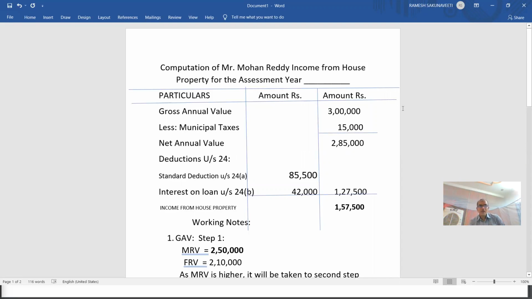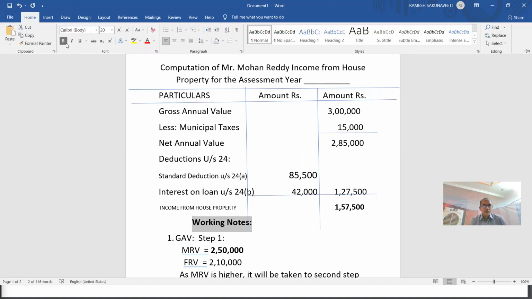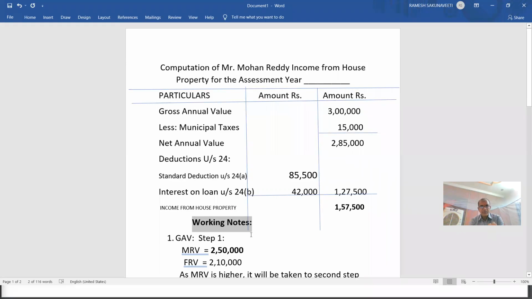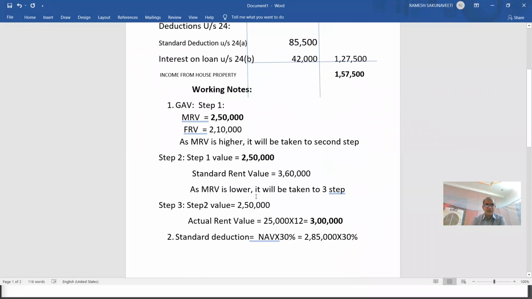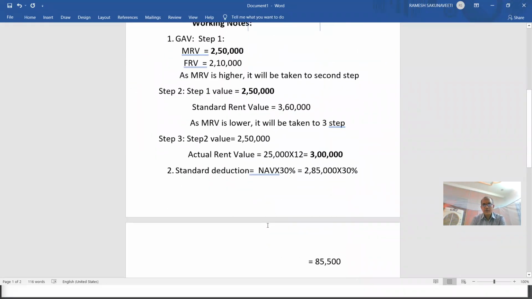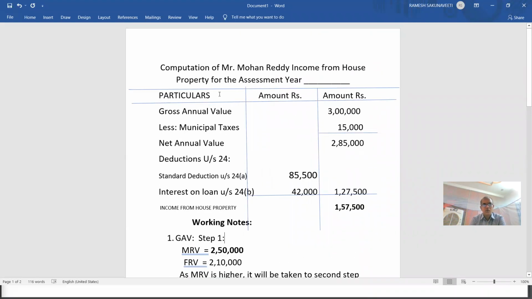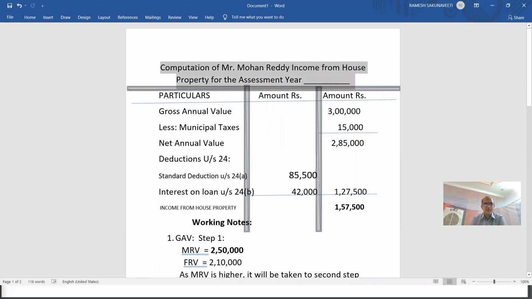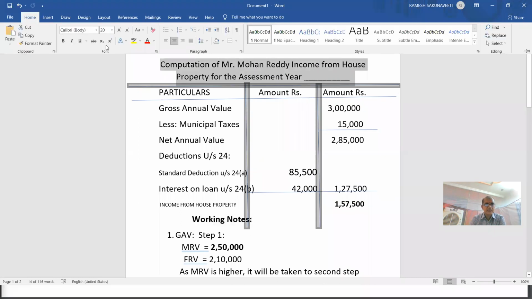But whether you have done it on your own or copied can be known only when you prepare working notes. If you prepare working notes, the evaluator will come to know that you have done it on your own. Otherwise, they assume that you have copied from others. Is it clear? Working notes are important in income tax.